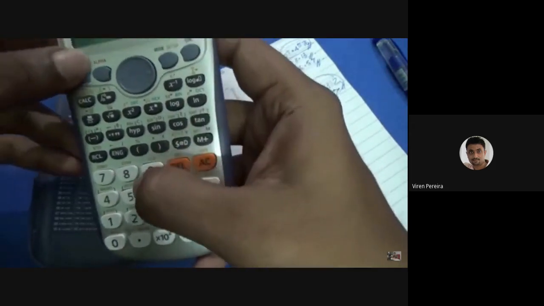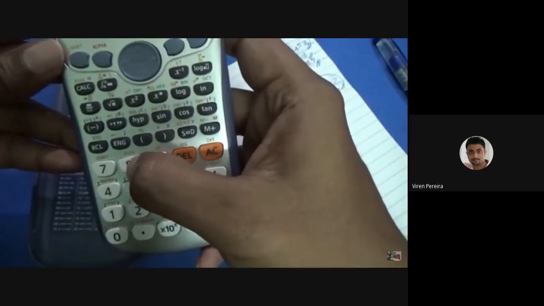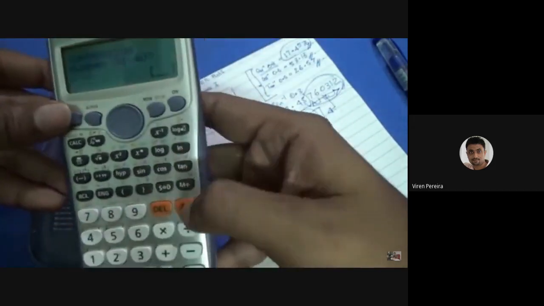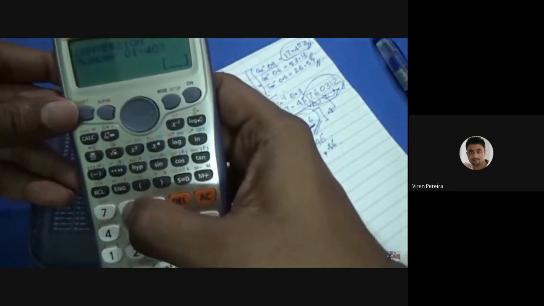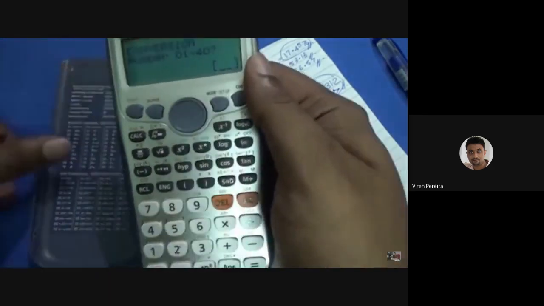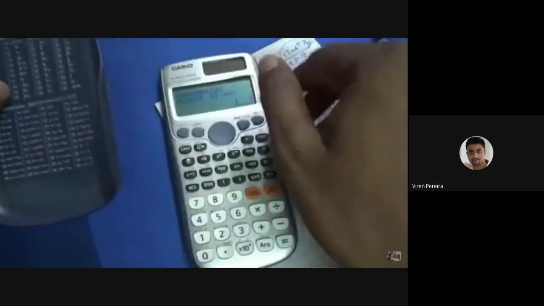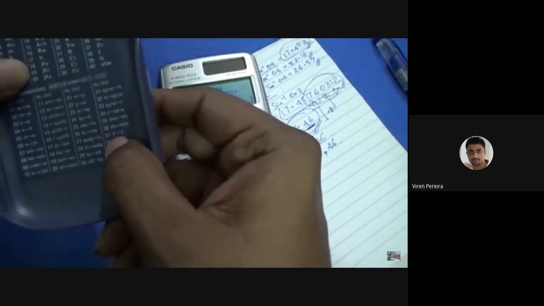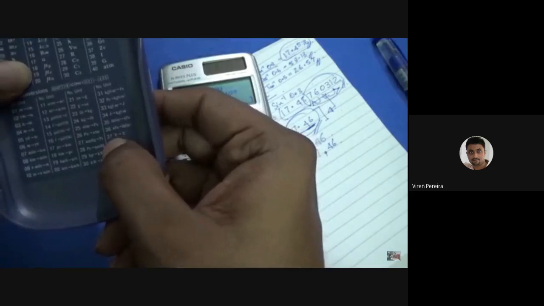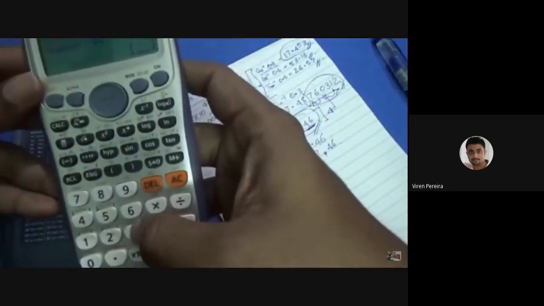So I press shift and I press 8 for conversion. Now I have to add my number. What it is, 35 degrees Fahrenheit, which I want to convert to degrees Celsius. Fahrenheit to Celsius is 37. So I press 37 here.